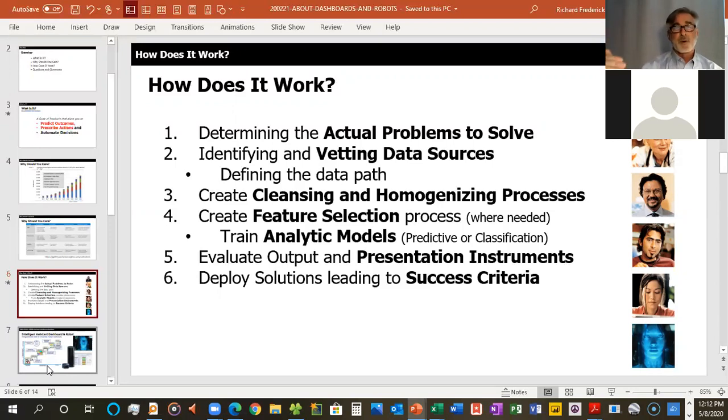Then our developer or data scientist goes through what's known as feature selection, and then they're training the analytic models, whether predictive or classification oriented. Our testers are really still doing the same thing they've always done, which is evaluating the output and the presentation instruments. And then finally, we're deploying the solution and eliciting feedback at a user acceptance level to make sure that we're heading in the right direction.